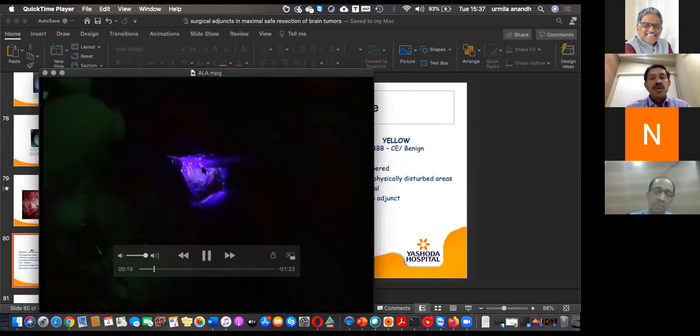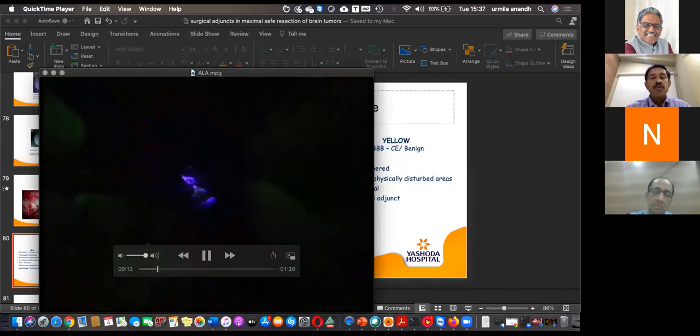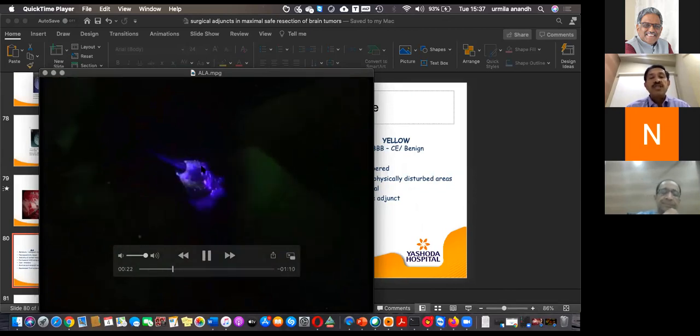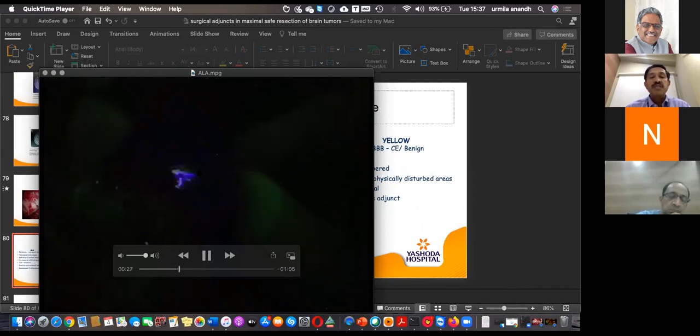So this is good contrast for tumor to non-tumor, but you don't know if you are going through infiltrating cortex, because you may walk through infiltrating cortex, which is active tumor proliferation, and the rest of the area looks dark or blue. So achieving hemostasis becomes a problem as against yellow fluorescence.